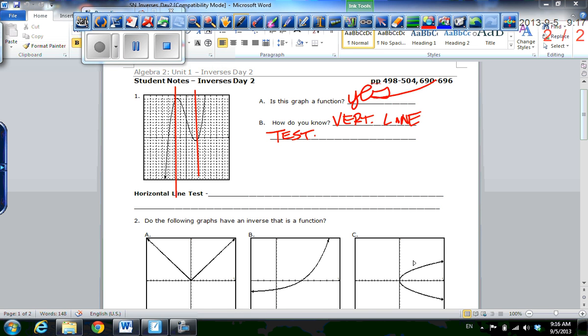All right, our horizontal line test is very similar to the vertical line test, except what? Yeah, it goes horizontal, and it's going to be a test to determine if a function is one-to-one.